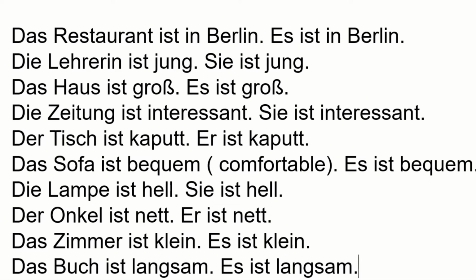Ist kaputt. Das Sofa ist bequem. Es ist bequem. Die Lampe ist hell. Sie ist hell. Der Onkel ist nett. Ist nett. Das Zimmer ist klein. Es ist klein. Das Buch ist langsam. Es ist langsam.